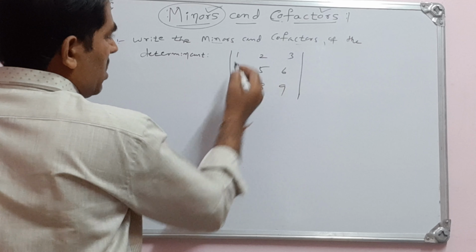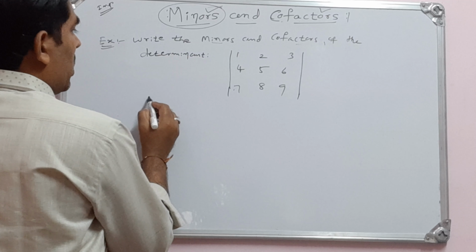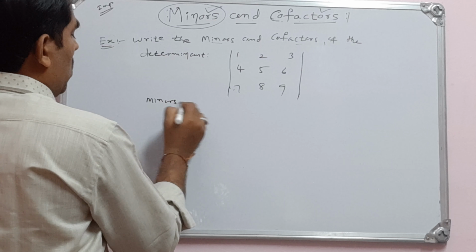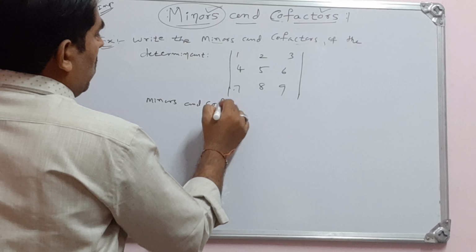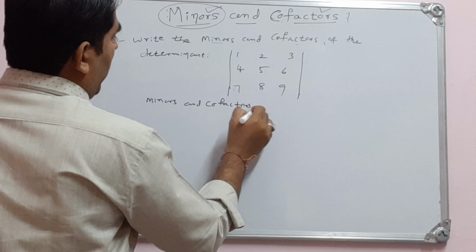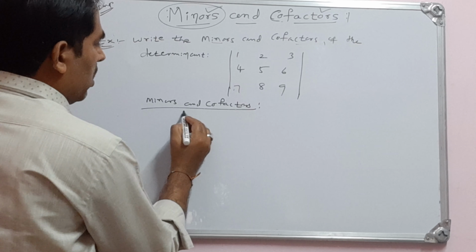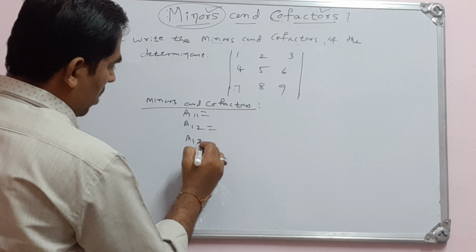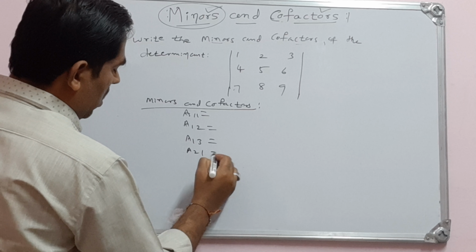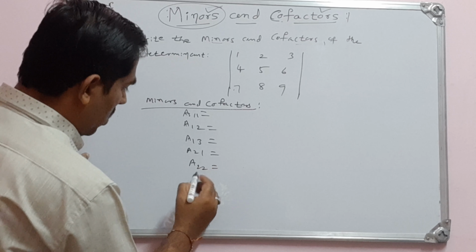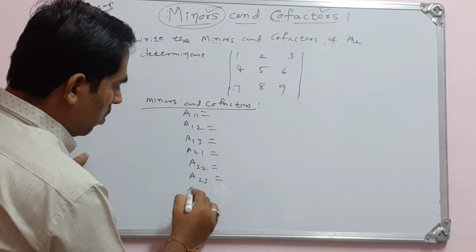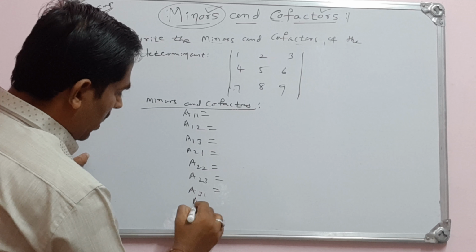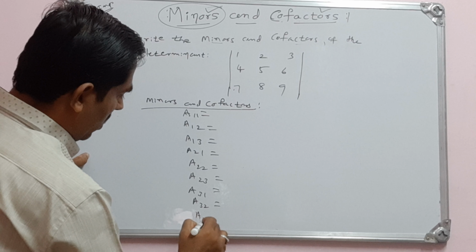Minors means we can write the values here. So let us combine those two, minors and cofactors. Then I will write A11, A12, observe carefully, A13, A21, A22, A23, then A31, A32, A33.